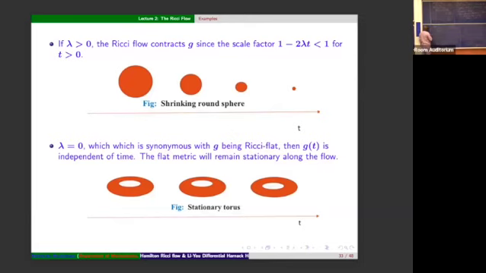Let's take lambda equals 1. If you start with this initial metric, then at time t, this Ricci flow shrinks the sphere, and it becomes shrinking.